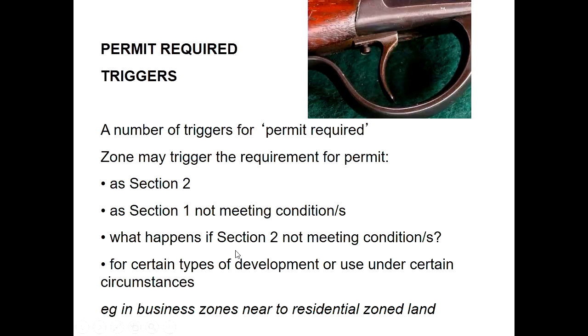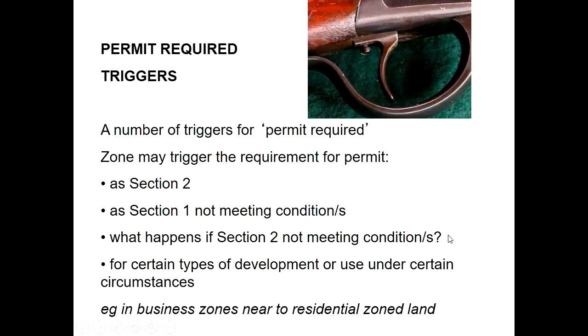But here's a question for you to ponder, and I'll leave it with you. You will definitely need to know this. What happens if the use is in Section 2, permit required, but if you look down the zone provisions, they have conditions against each of the land uses that may or may not trigger a need for a permit? So what happens if you've got a Section 2 use, but it doesn't meet the condition?